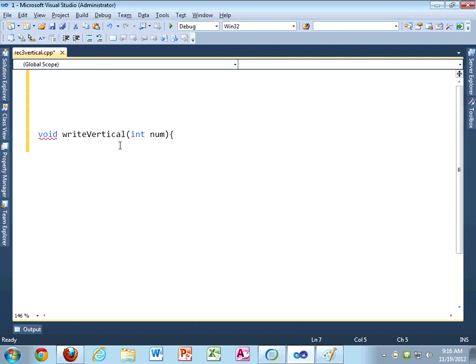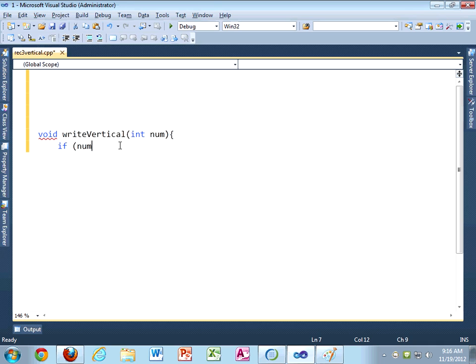So, what is our base case going to be? If num is less than 10? Right, because that means if num is less than 10, there's only one digit, and we just write it out.